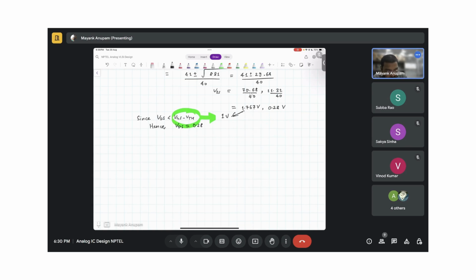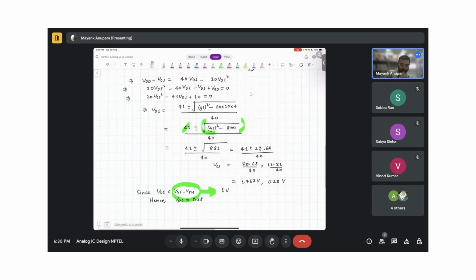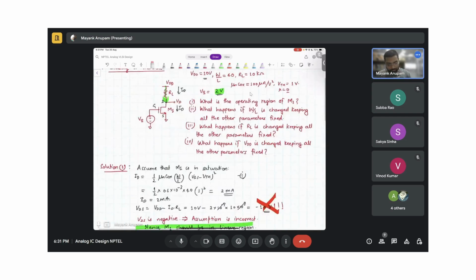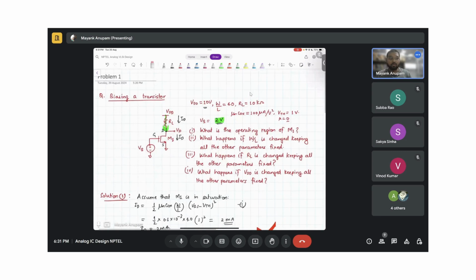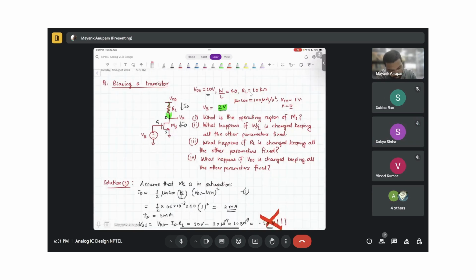Out of these two, only 0.28 is less than 1 volt. So the correct answer would be 0.28 volts. Is this clear now? Yes, yes. Good. So that concludes the first question.